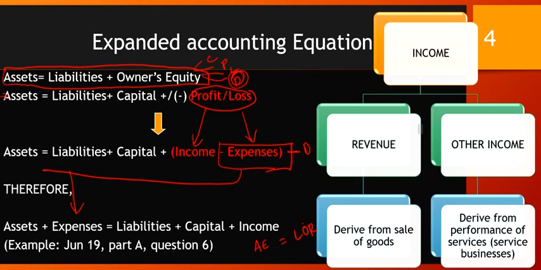So bila orang datang beli, they want to buy the dress, baju pengantin, itu kita akan classify dia sebagai revenue. Sebab it's derived from sale of goods. Kita kan buka butik pengantin. So bila orang beli baju pengantin kita, beli or sewa, itu akan jadi sebagai kita punya revenue.